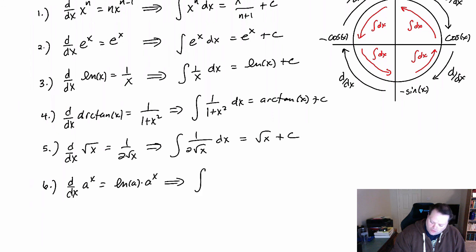So what does that mean about the antiderivative of just a to the x? Well, if in taking the derivative you had to multiply by natural log of a, then taking the antiderivative of a to the x, you would think, I've got to divide by natural log of a, and that is in fact correct. You divide by the natural log of a.